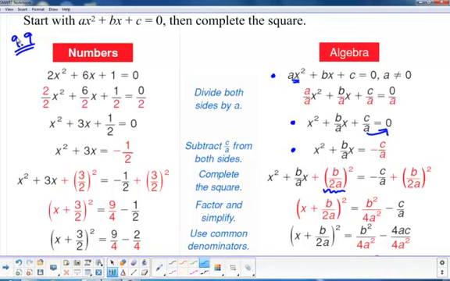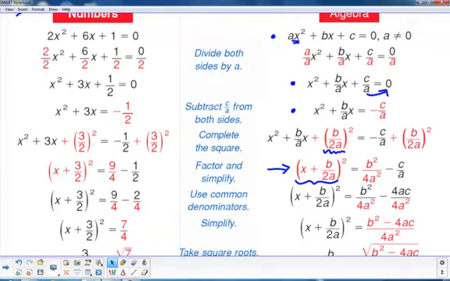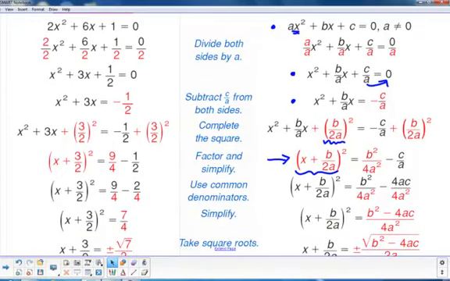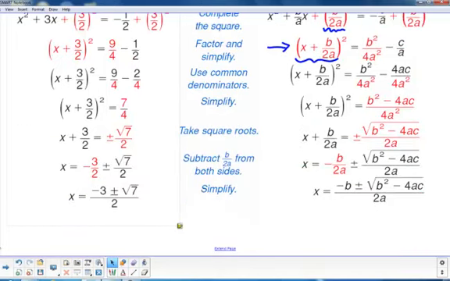Now that we have that, we know our perfect square is right here in red. And when you take the square root of both sides, it simplifies down to this.